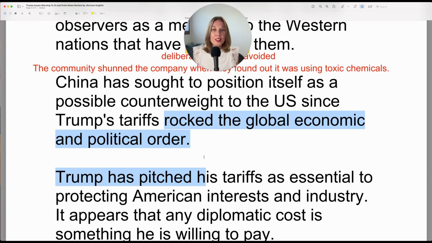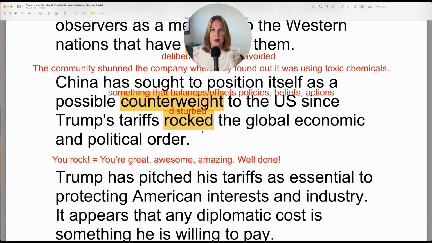But in this context, it is not a positive thing. If you're in a boat on water, someone will say, don't rock the boat. If you move side to side on the boat, you rock the boat. Well, a boat is not very steady, so the boat could tip and everyone could fall in the water. So to rock the boat, what you're doing is disturbing the boat.